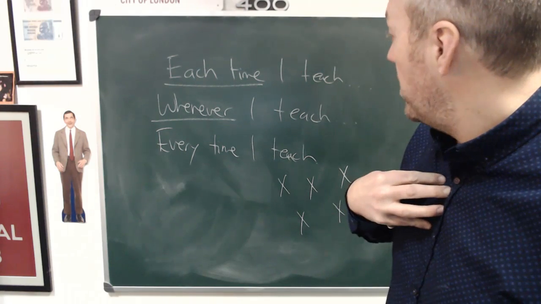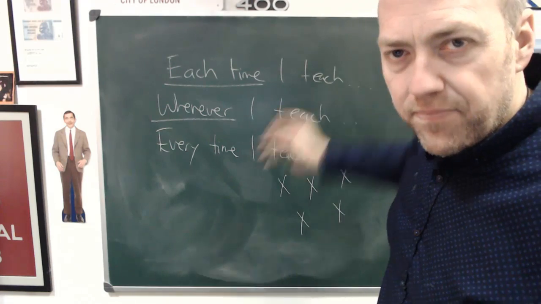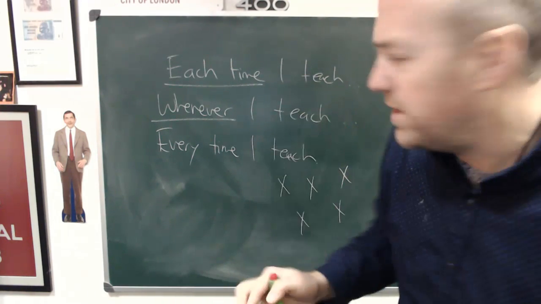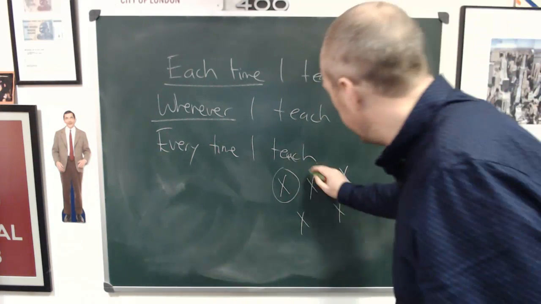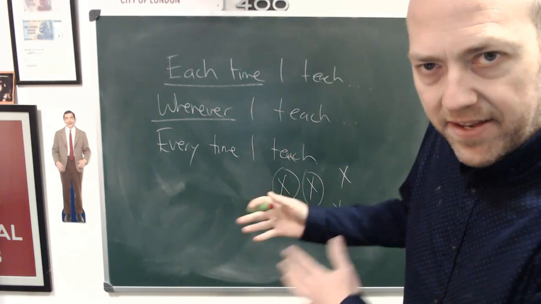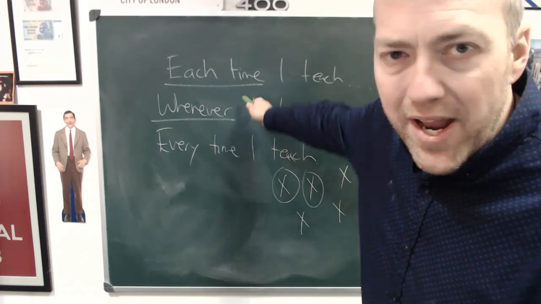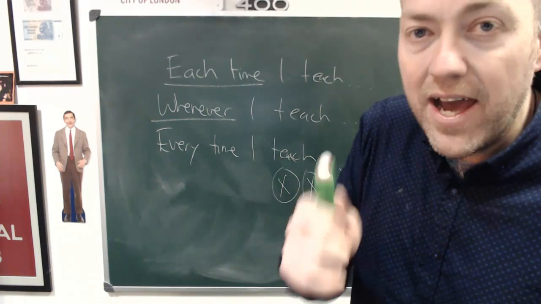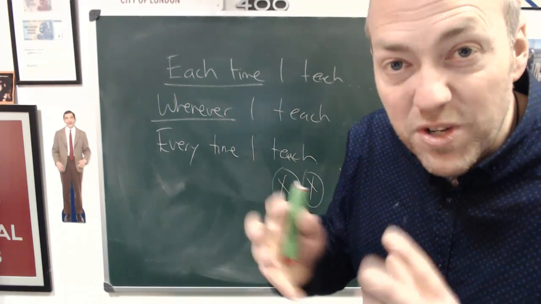Okay? So if I say each time I teach, I am thinking about the individual classes. I'm saying this time when I teach, and this time when I teach, and so on. Okay? But when I use whenever and every time, then I am thinking about all of the classes together.